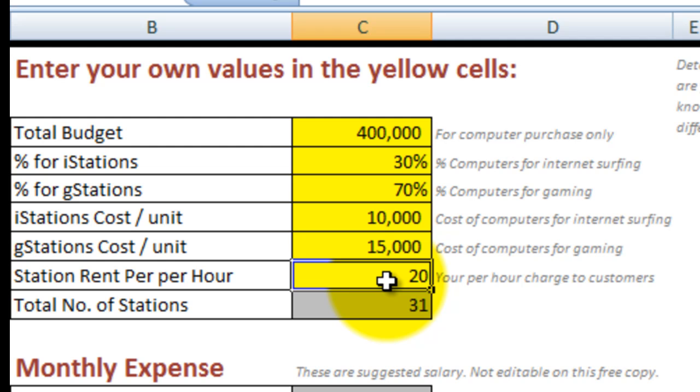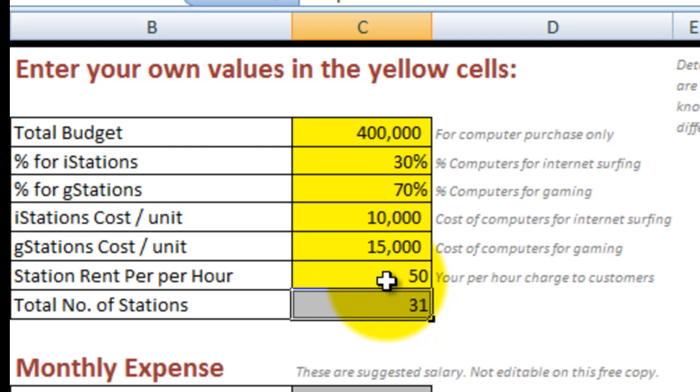They even go down to 15 and 10 pesos. And as you can see here in the calculator, those types of internet cafe are operating at a loss. The ideal per hour charge that you need to set is around 50 pesos.